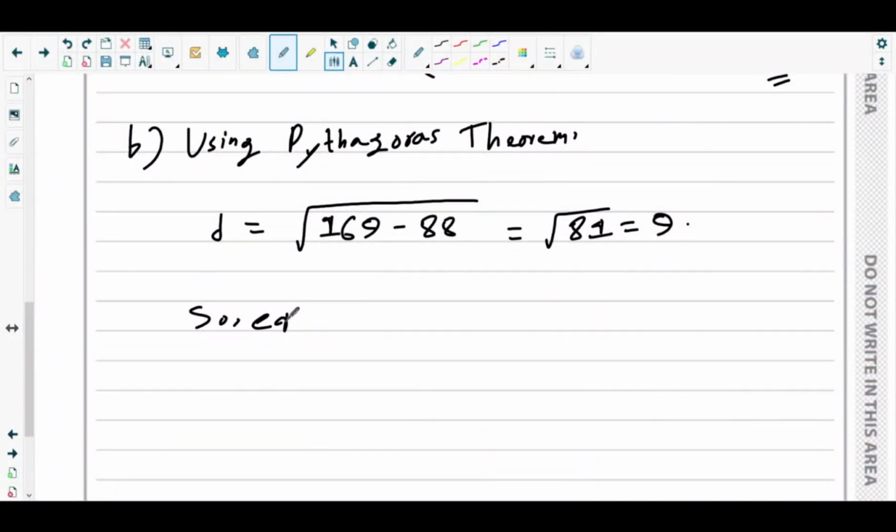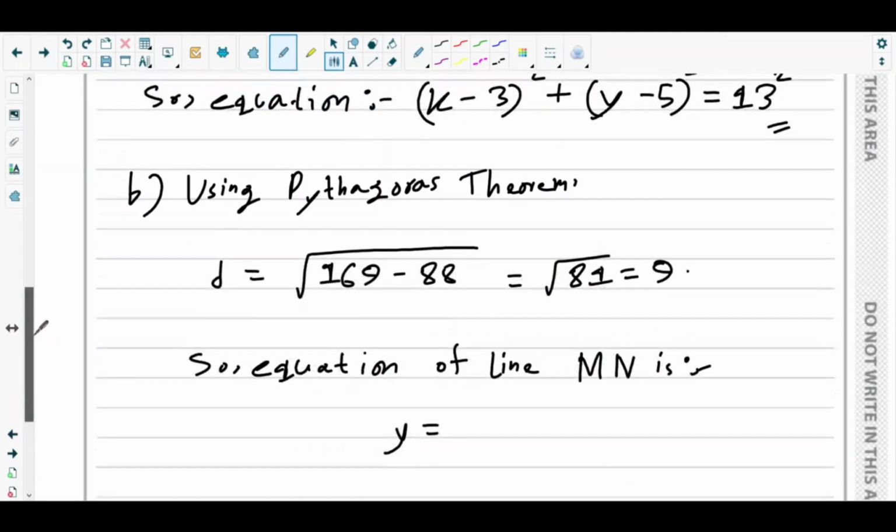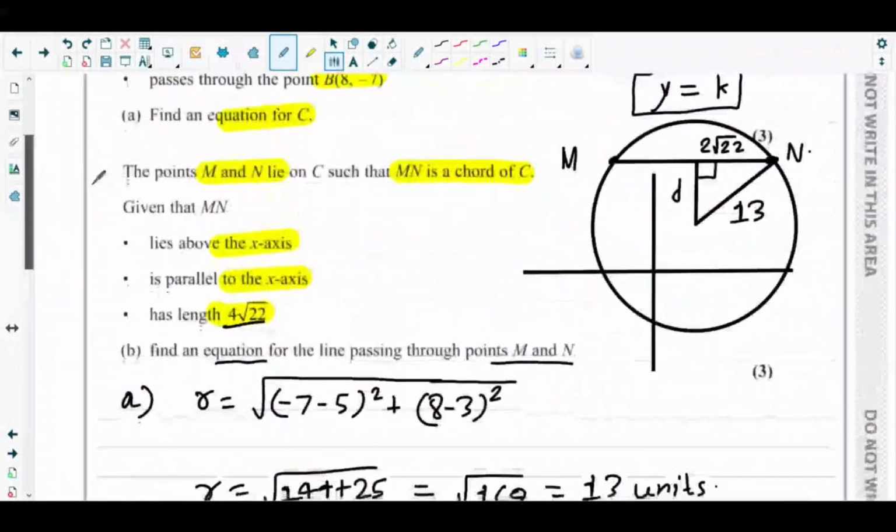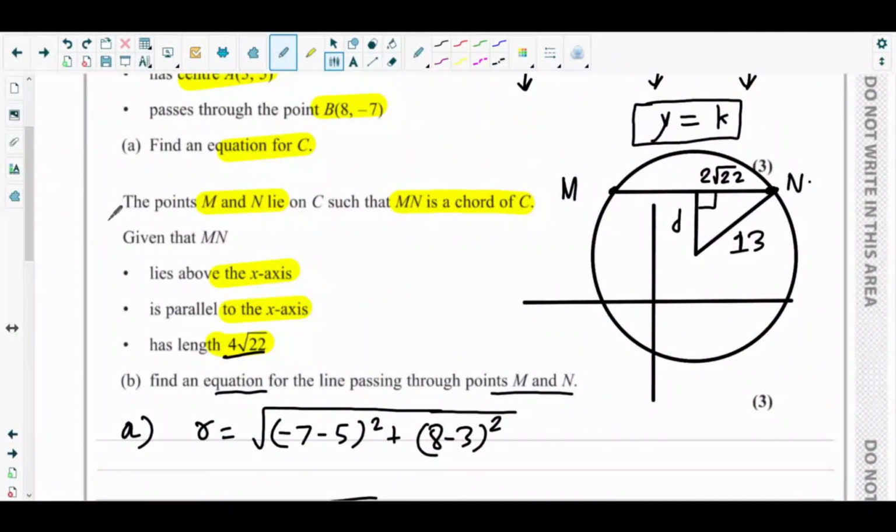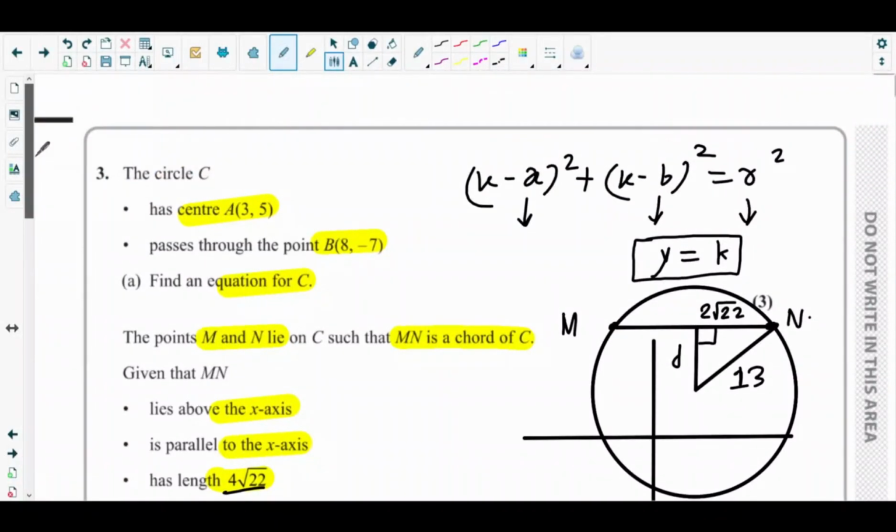Therefore the y coordinate of point N is needed for the equation of line MN, since it is the y coordinate of point M or N. The distance d is above the center, and the y coordinate of the center is 5.